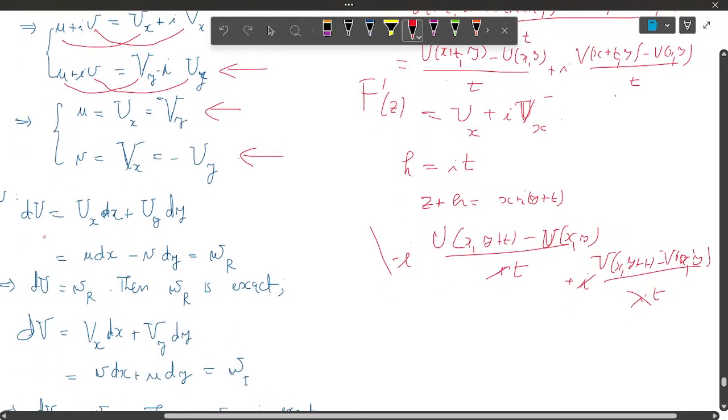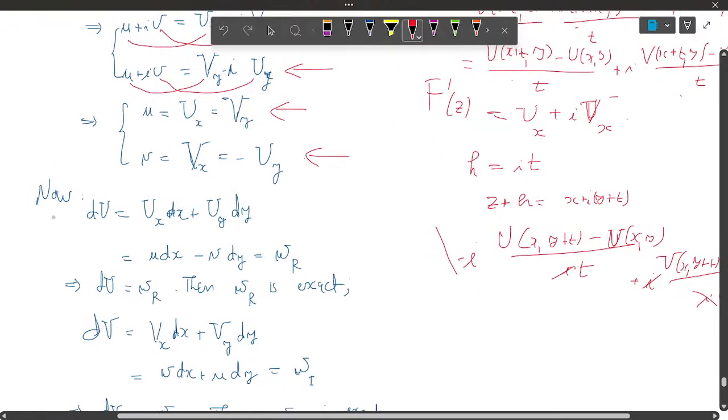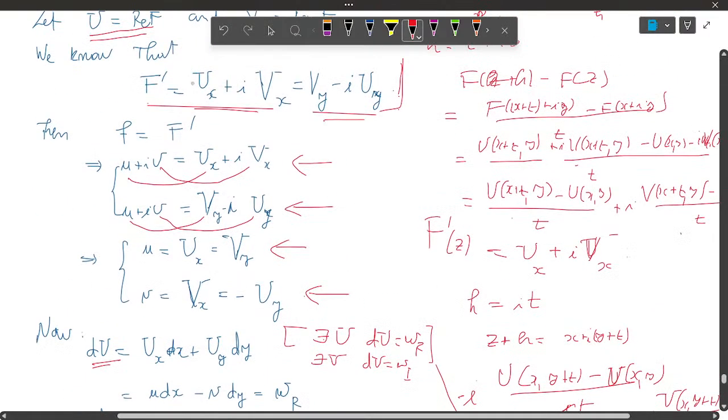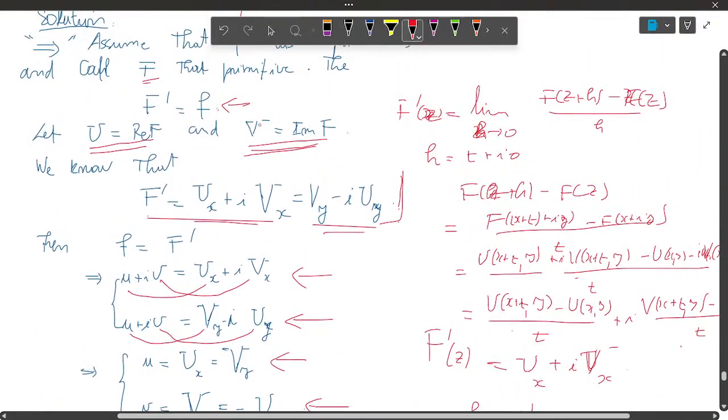But then, let us now compute dU with all the information that we have, because our aim was to prove that we can find U such that dU is equal to omega r, and we can find V such that dV is equal to omega i. So we have found already a U like this and a V like this.